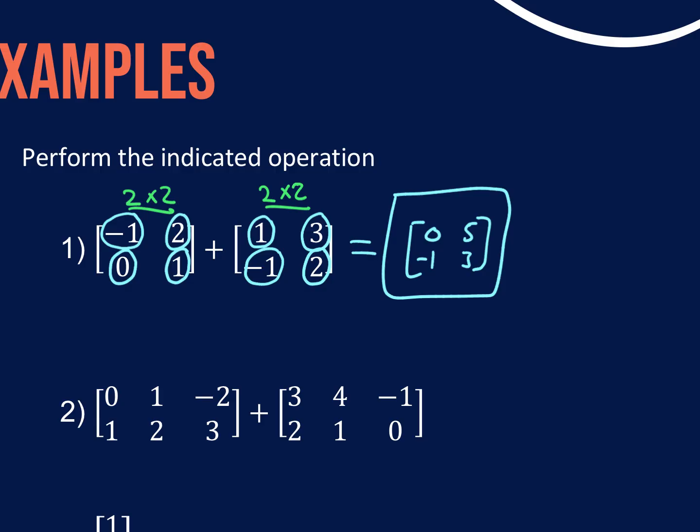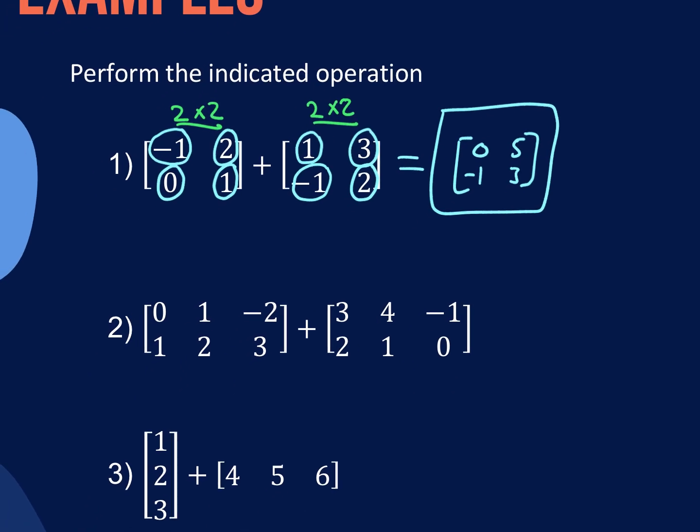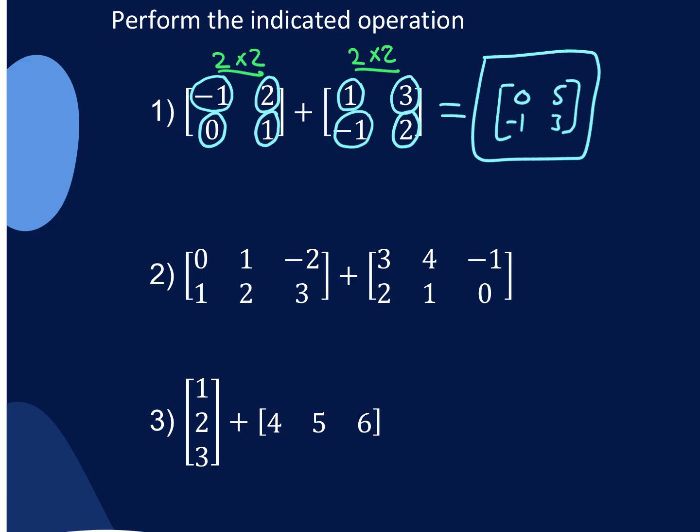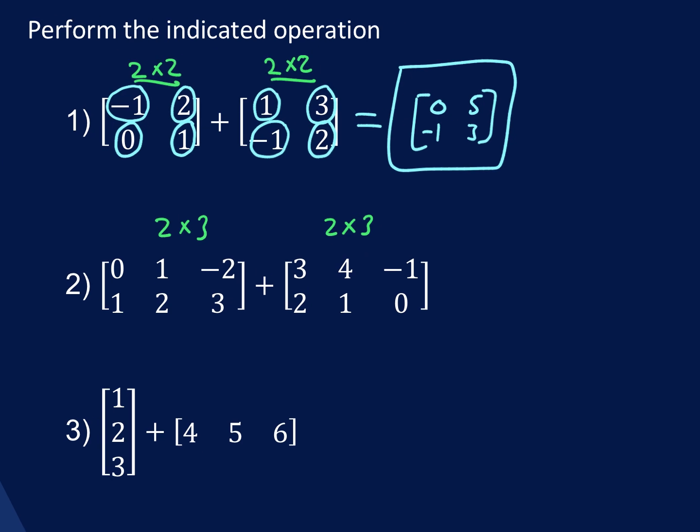Should be super straightforward. If you look at the next one, we're going to do the exact same thing. We're first going to check if this is compatible. It looks like here we have 2 rows and 3 columns, so this is a 2 by 3 matrix. The second matrix is also 2 rows and 3 columns, so this is another 2 by 3 matrix. We are allowed to perform this computation.